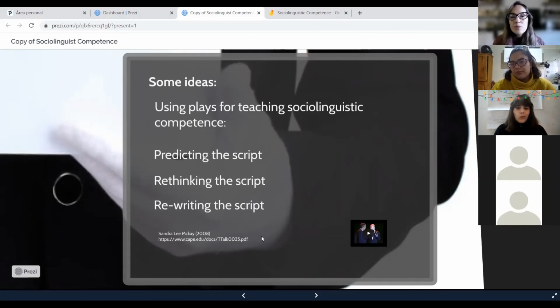And she works with a script as a text, predicting the language that might appear in a given situation, rethinking the script by asking the students to analyze if the language used is correct for those situations presented in the story, and then rewriting the script if there is something that can be said better in a different way.